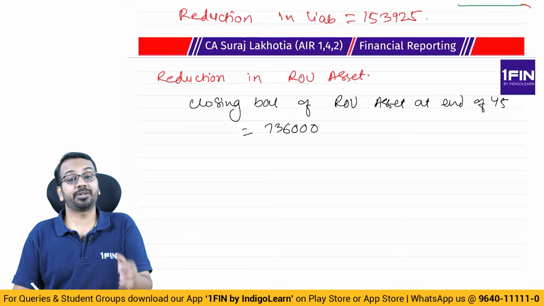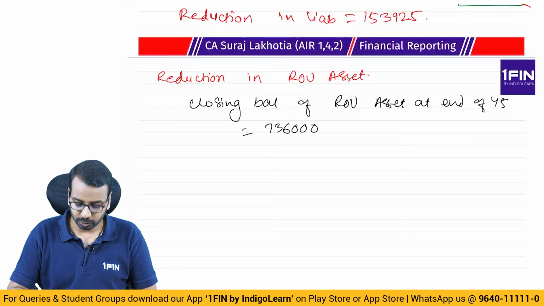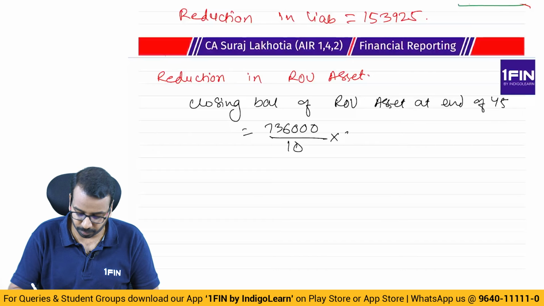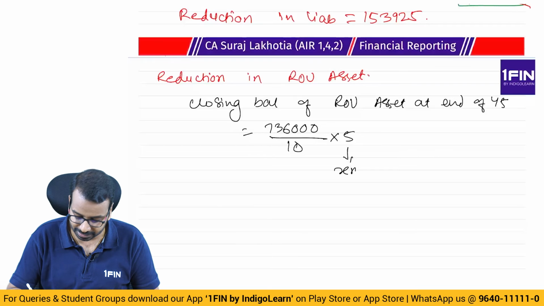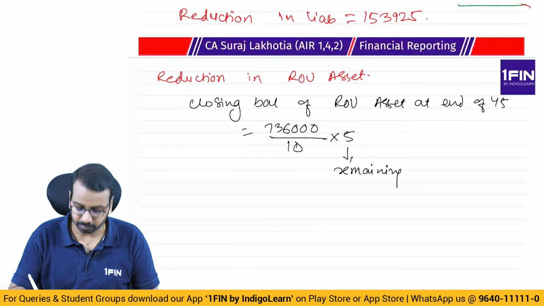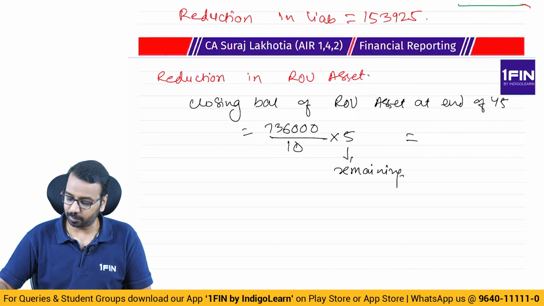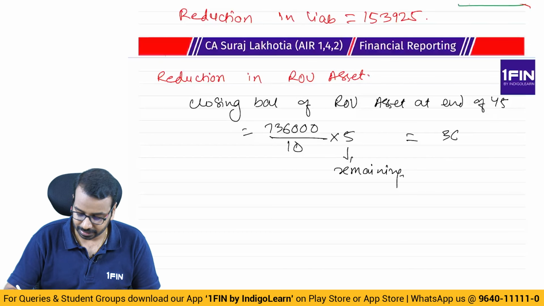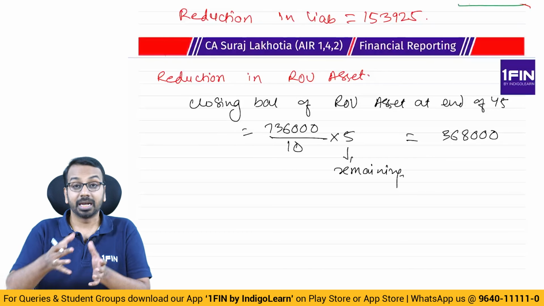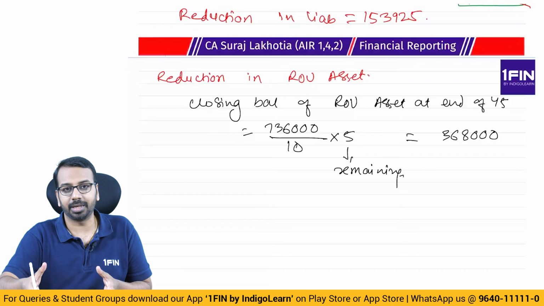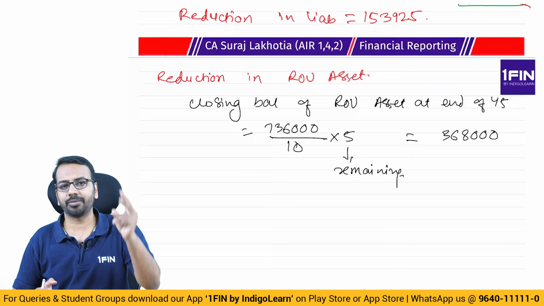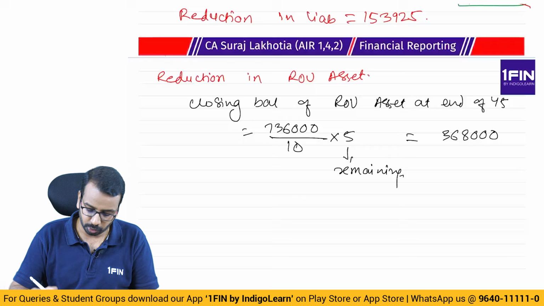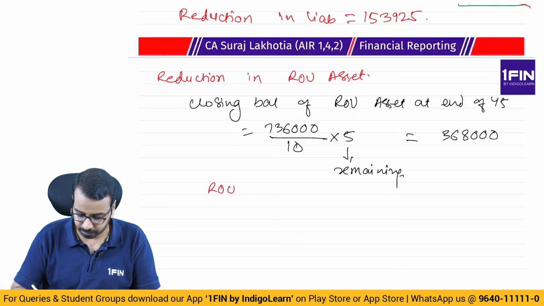We have amortized it for 5 years out of 10, and 5 years are remaining. Please remember, this is remaining term, not the completed term. So 736 divided by 2, we get 3,68,000. Now this 3,68,000 is for a 5-year period. We are saying we will give up 2 years and only keep it for 3 years. So what is the ROU asset for 3 years?